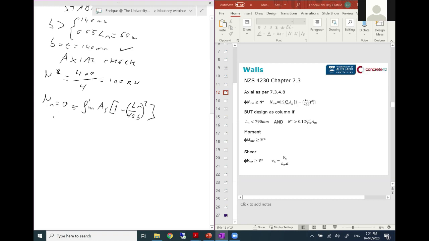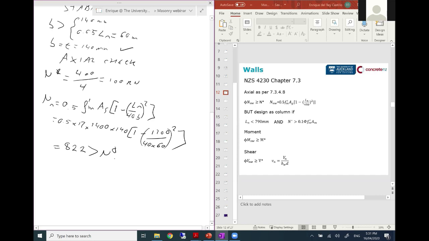So this is equal to 0.5 times 12 times 1400 times 140, and then multiply by 1 minus 1200 divided by 40 times 60, squared. And this is equal to 822. This is larger than N star.